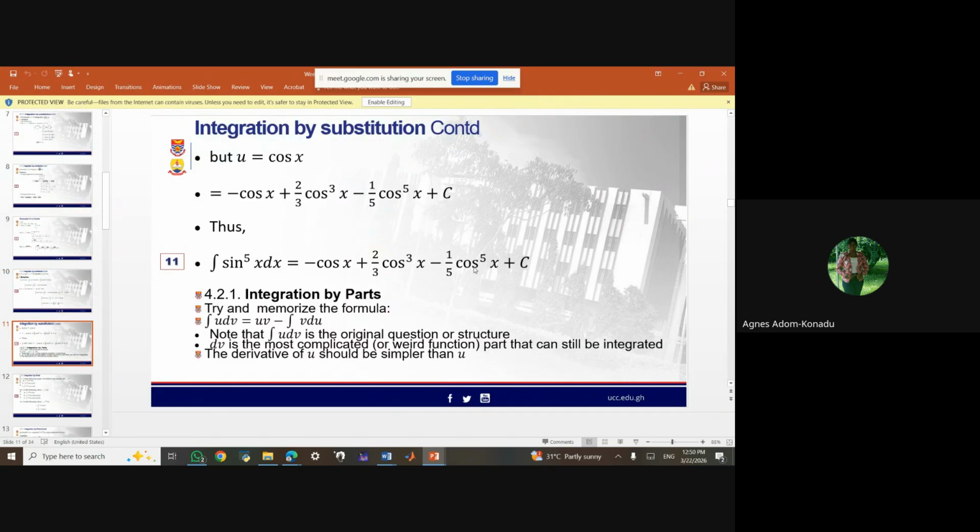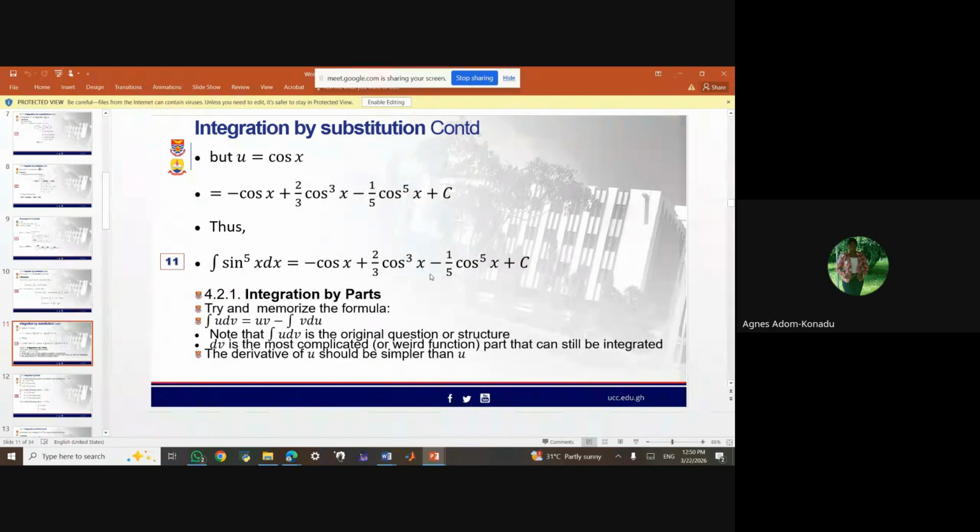Okay, so that's what I was talking about. So any question? We've solved some examples under integration by substitution. Do you have any question? No, please.